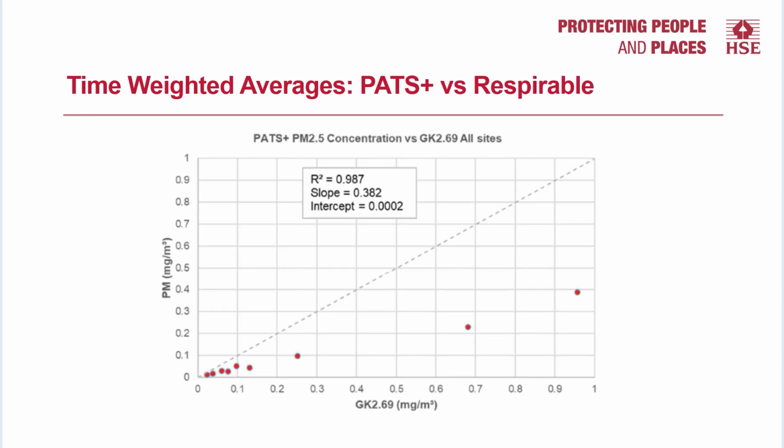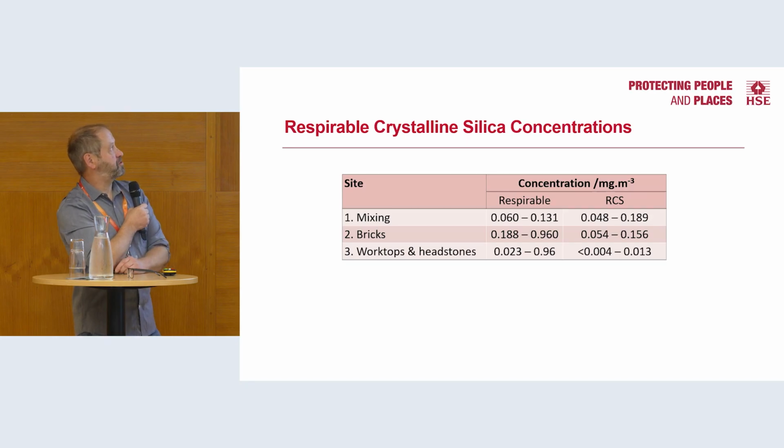And then looking at the PATS Plus sampler, which is the most basic, simple, cheapest detector out there, we get a very good correlation, surprisingly good as well, especially when we consider we're looking at different powders with different optical properties, and it's almost as if we're looking at the same dust. And just to reference back to Jackie's work, those are the respirable concentrations we measured at the three different sites compared to the RCS values.